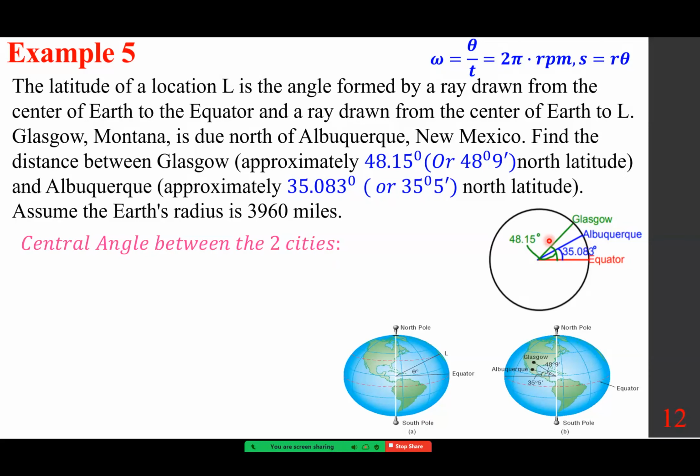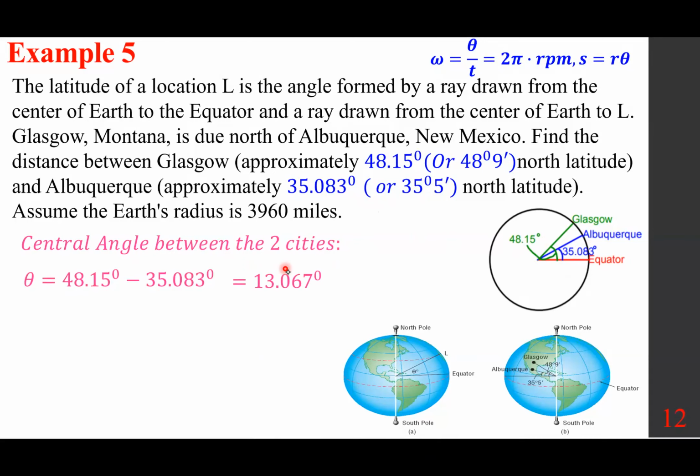So this one, the larger one, is 48.15 degrees, and the smaller one is 35.08 degrees. So the central angle between the two cities is the difference between the two numbers. We have that.